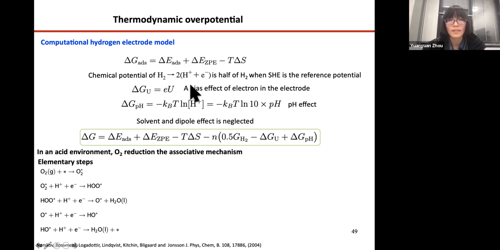One is the bias effect of the electron in its presence, that is the eU term. The other is a pH effect, calculated from the proton concentration and further reformulated in this form. Combining this, the Gibbs free energy of your system has the first three terms the same as in ab initio thermodynamics, with these two corrections, one for potential, the other for pH.